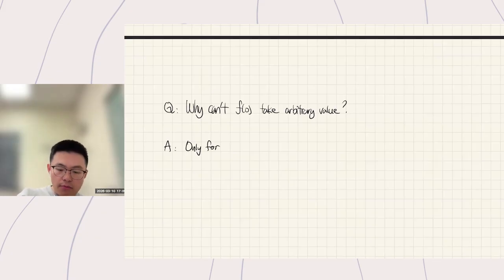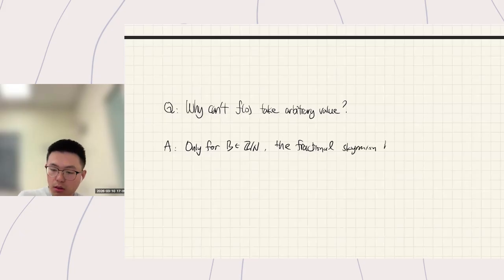It's only for b that is an integer multiple of 1 over n. Only for these particular values of b, the fractional skyrmions that we see can have well-defined Lorentz representations.